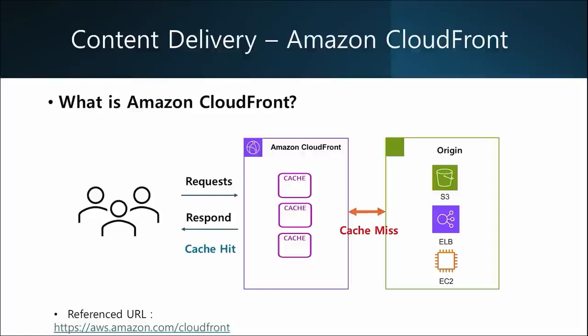However, if this edge location is not cached, it is a cache miss. When there is a cache miss, a request is sent to the origin server, data is received from the origin server, and cached again at the edge location. By going through this process, you can reduce the load on the origin server and increase the speed of content delivery. This will improve user experience and reduce server costs.